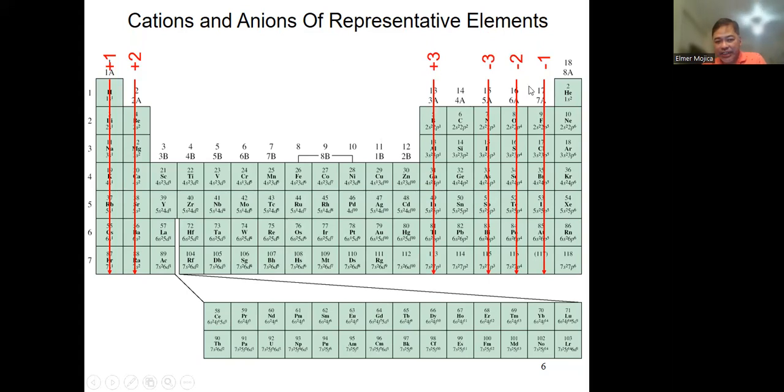Whenever they have this, what we call charge, the electron configuration is the noble gas before, if you have the positive charge, or the noble gas after, if you have a negative charge. So if you have oxygen, you become O2 minus, your electron configuration will be similar to neon.